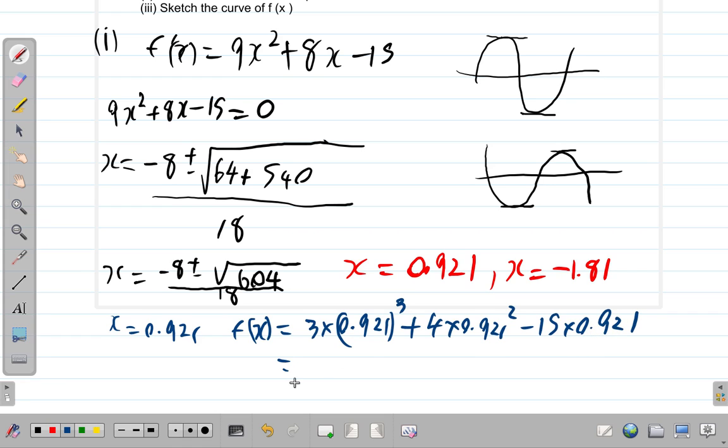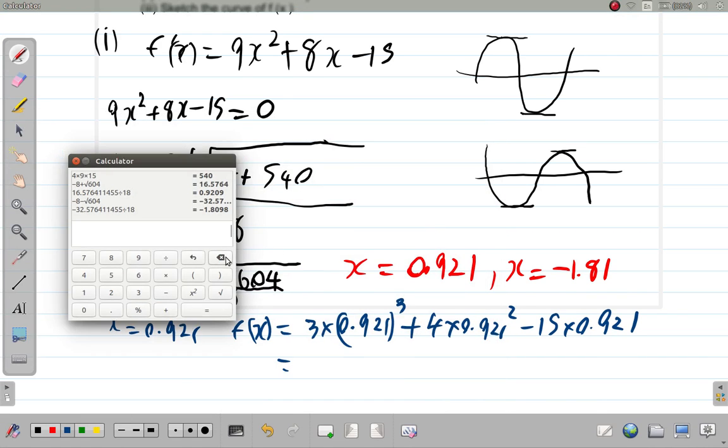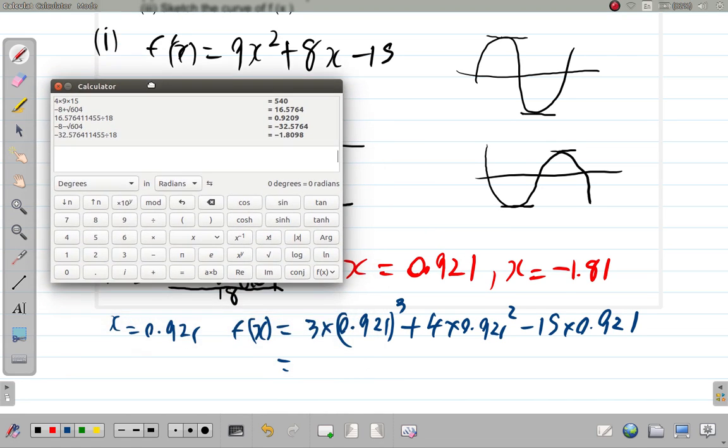So let's go with this one then. We have 3 times, this doesn't have the power. Let me put it in advanced mode to get the raised to the power of.